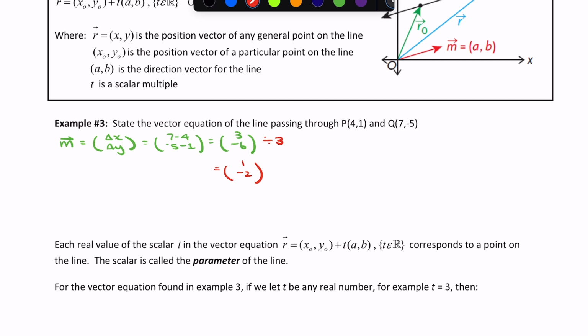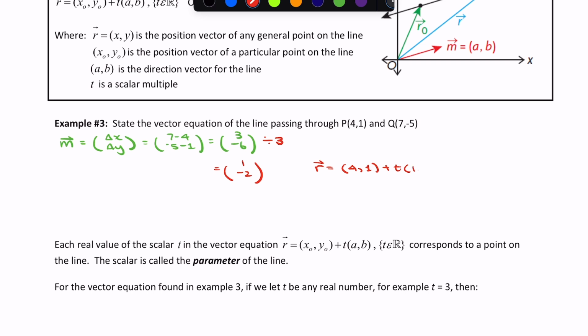So here if we write the vector equation of a line, vector r is equal to (4, 1), so again, a specific position vector of a particular point on the line, plus t, which is our scalar multiple, and then times AB, which is the direction vector of the line.